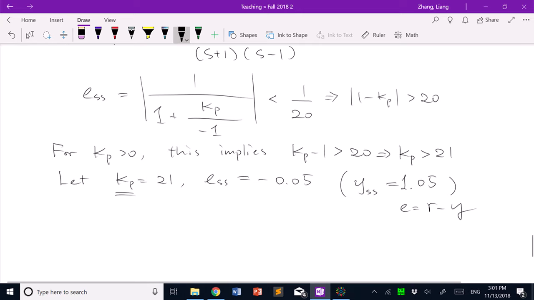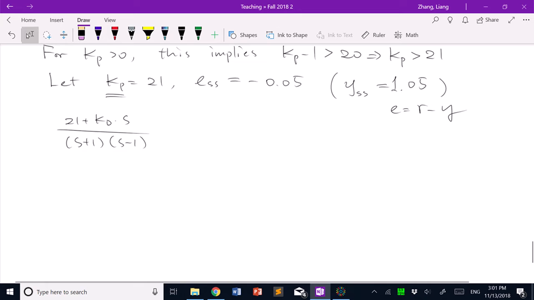And if we switch back to the transfer function, we have 21 plus Kd times S. This Kd is undetermined. And S plus 1, S minus 1. Right, this is your transfer function. And this gives us a dilemma, because when we look at the root locus that we discussed earlier, the root locus doesn't look like this.